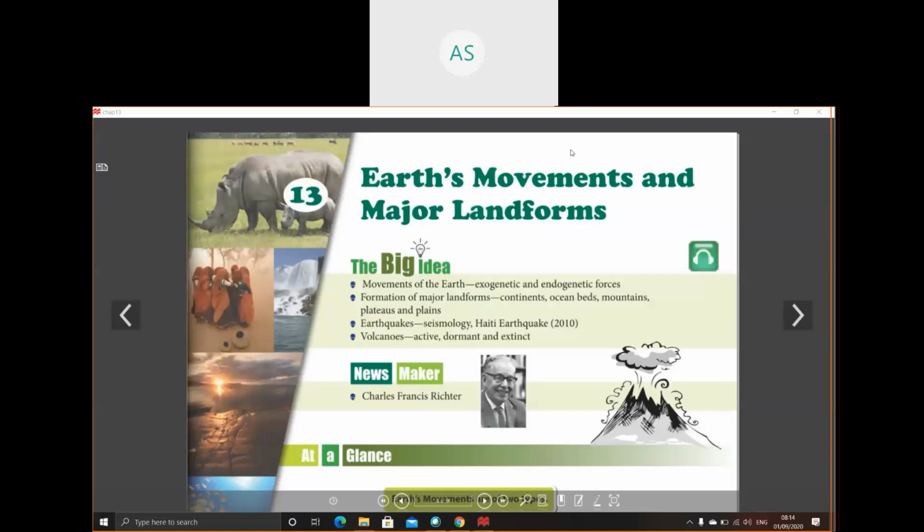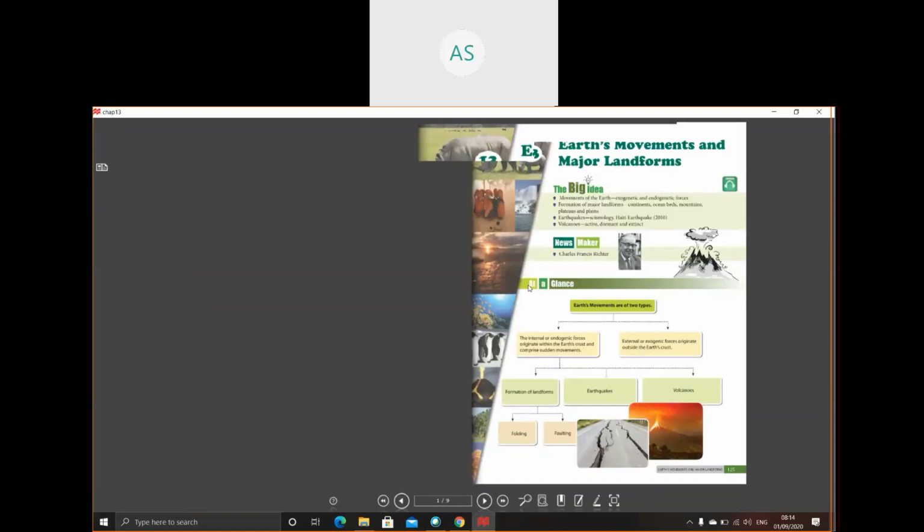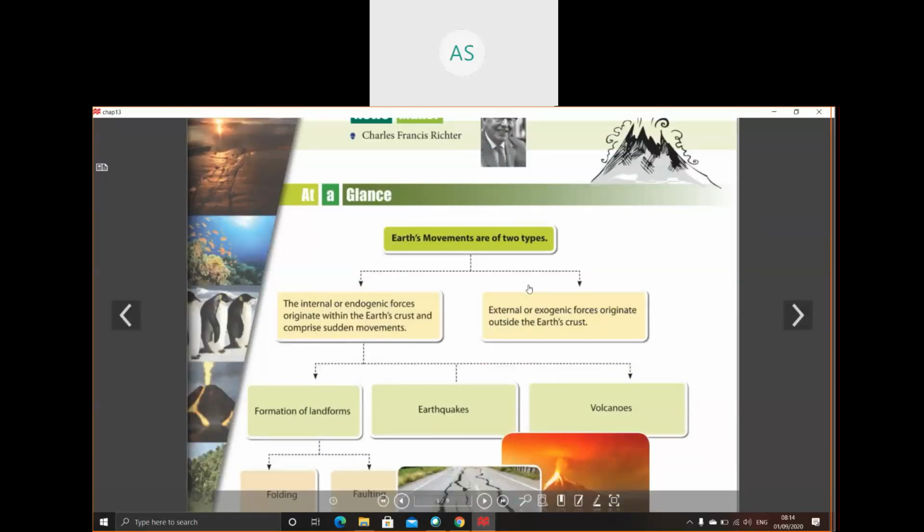Hello students, today we are going to start our new chapter, chapter number 13, class 7th: Earth's Movements and Major Landforms. In this chapter we will learn about Earth's movements.